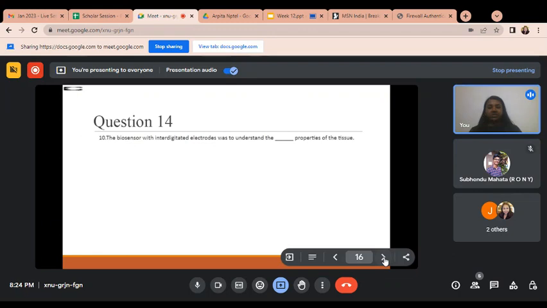Next question is, the biosensor with the interdigitated electrode was to understand the dash property of the tissue.